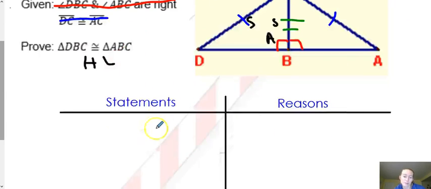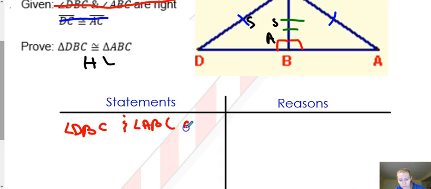And I'm going to put my statements up there. Angle DBC and ABC are right, and that was given.